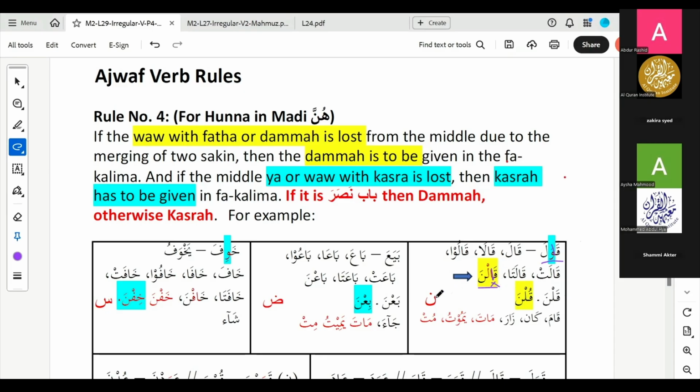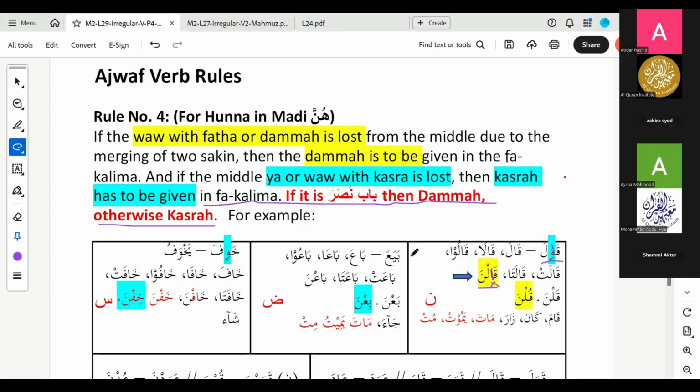So if it is bab nasra, if this verb is bab nasra, we have to add dhamma to the fa kalima. Then it becomes qulna. If it is other than the Nasra family, the Kasra will get added. So in Fa Kalima, if it is a Nasra Bab, then Dhamma is added to the Fa Kalima. Otherwise, Kasra will be added to the Fa Kalima.